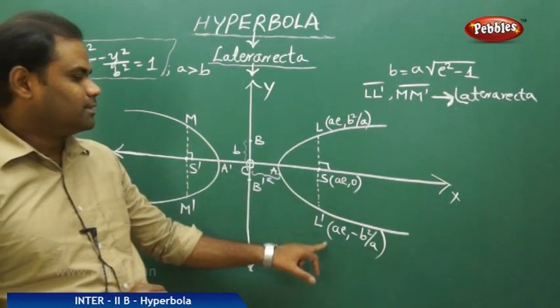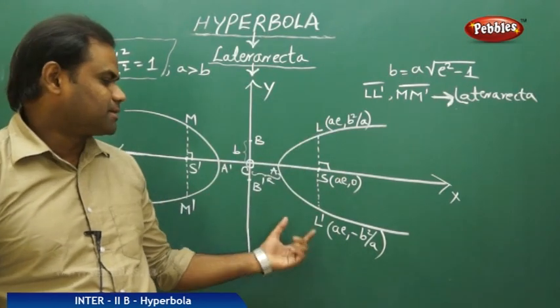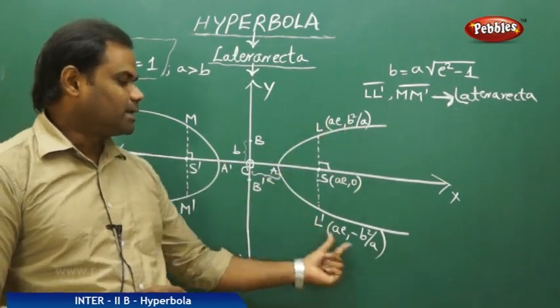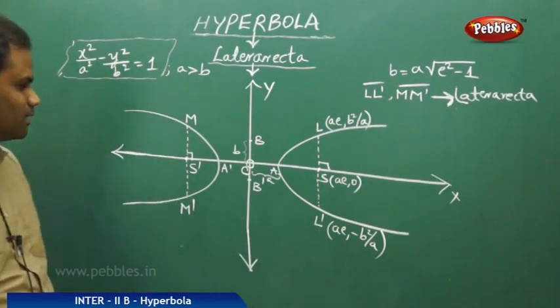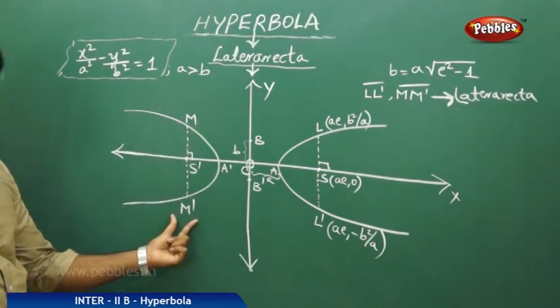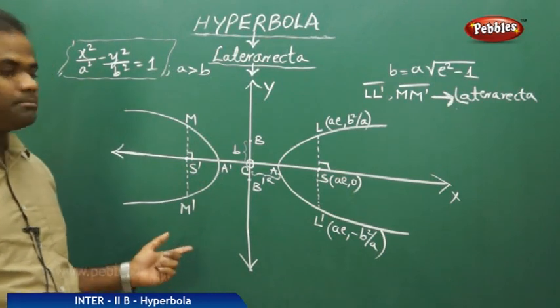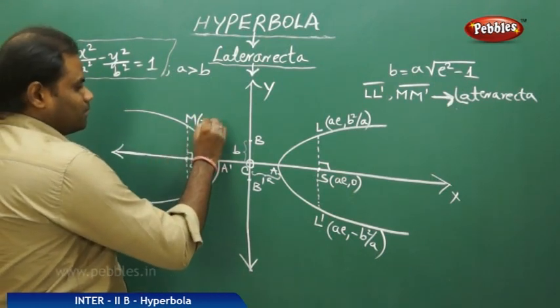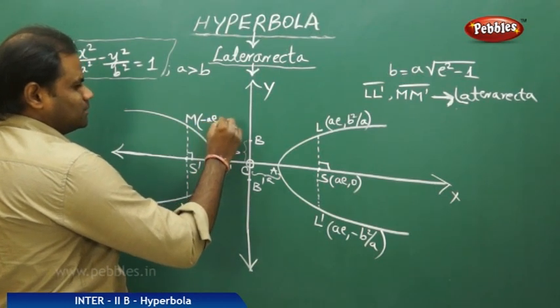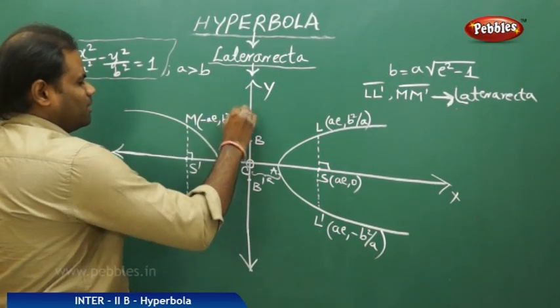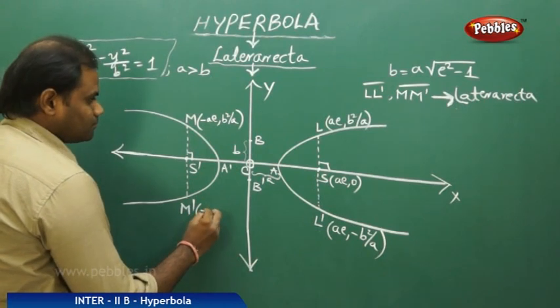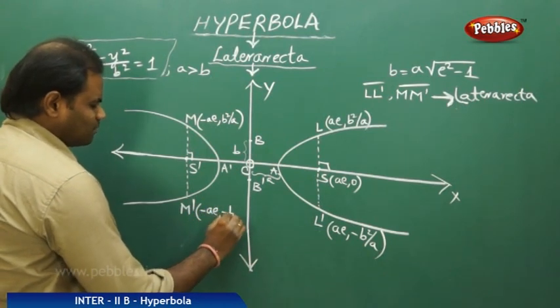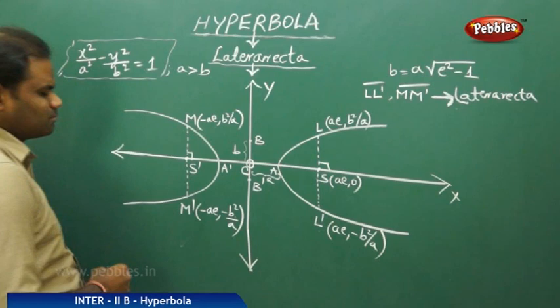This is how we get the extremities of the latus rectum. Similarly, let's find the extremities M and M dash for the other latus rectum passing through S dash. Now clearly this would be (minus AE, B squared by A) or (minus AE, minus B squared by A).